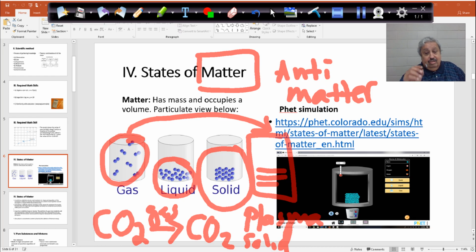Okay, guys. So we can go from one state to another state, correct? That's a physical change. We'll come back and look at this. What's unique about gas and liquid is that both of them take the shape of the container. If you look at the whole thing, they take the shape of the container. Liquids and gases do, solids do not.